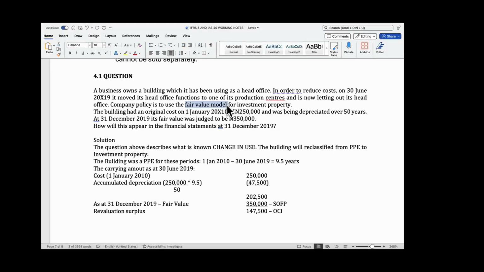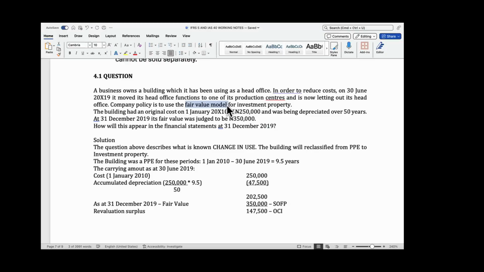It's vice versa in the sense that if it was an investment property before and is now changed to PP, and that PP is measured at fair value, you remeasure the asset after the change in use. That first surplus will be treated based on the old use, which is investment property.